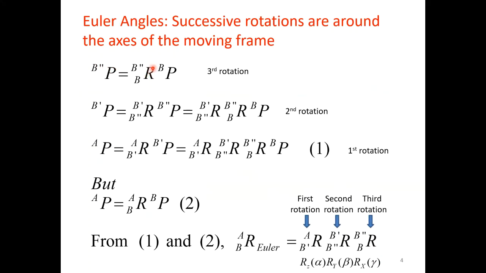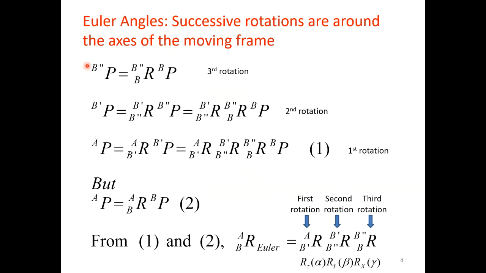You pre-multiply the vector with the rotation matrix B'B''R. This rewrites the vector, or changes the description of the vector, so that it is now referred to B''.